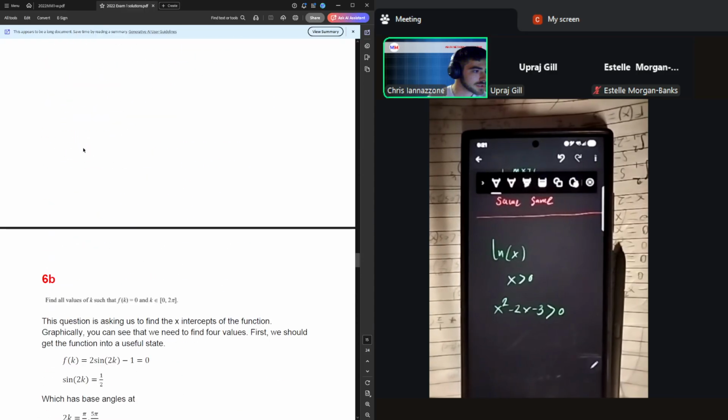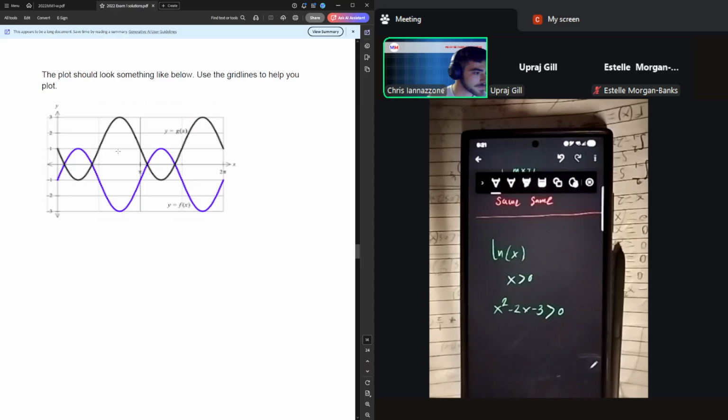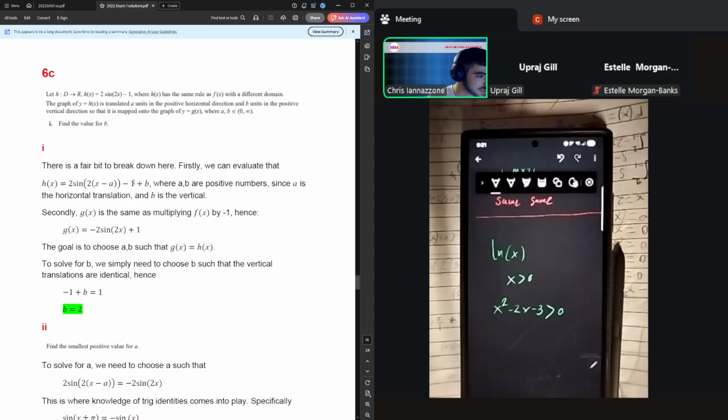Basically, if you're having a look at F and G, trying to push one onto the other, this needs to be shifted in the horizontal direction and the vertical direction.